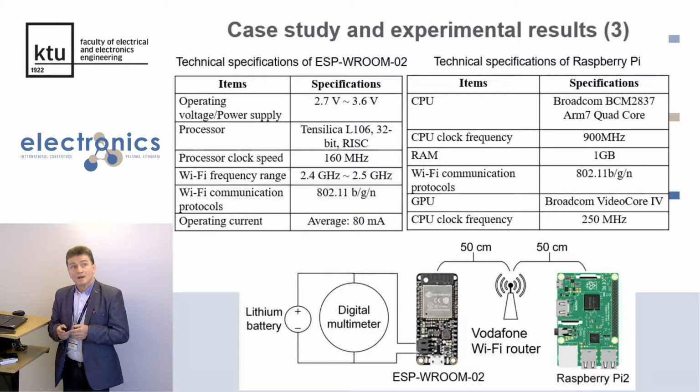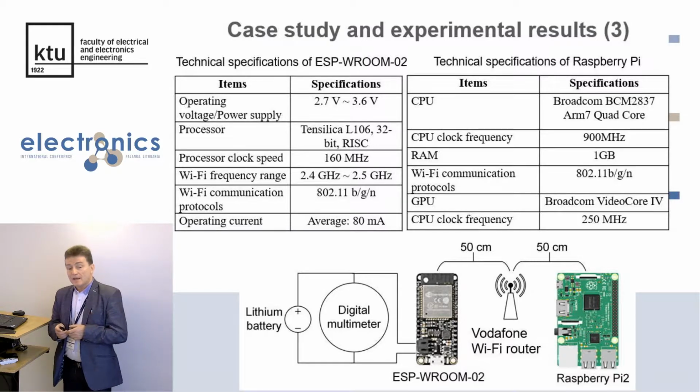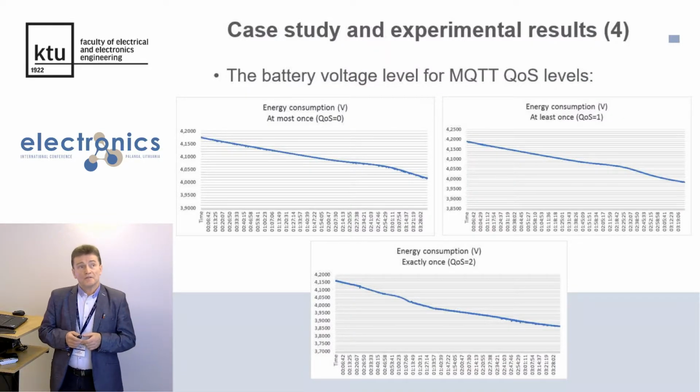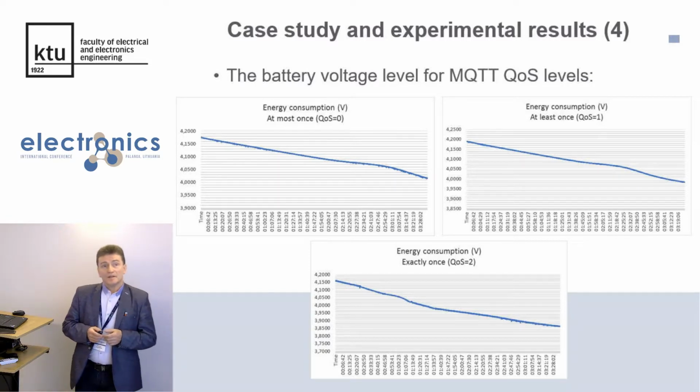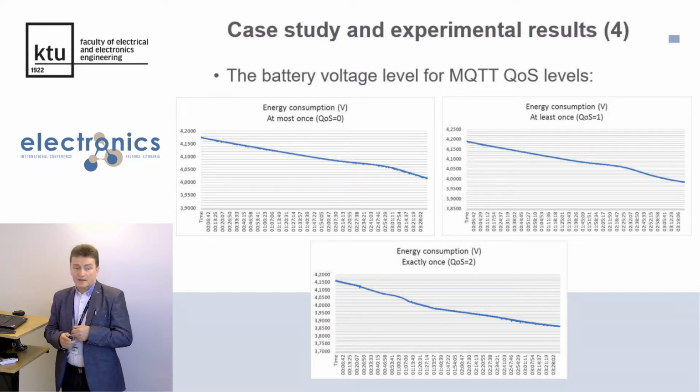Here all technical specifications of both devices are presented, and the way they were connected to each other. Now in this figure we can see the battery voltage level and how it was decreasing for every MQTT quality of service level: at most once, at least once, and exactly once.